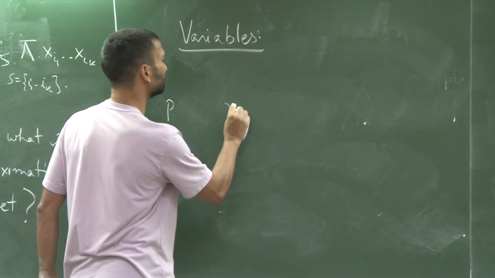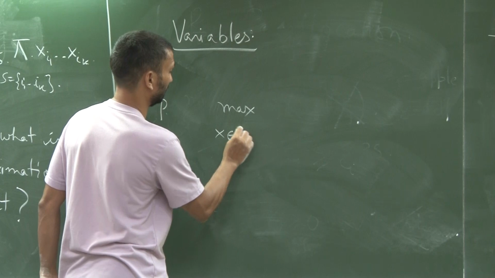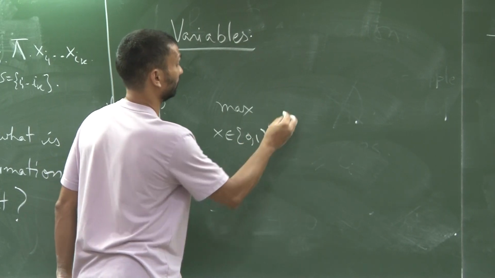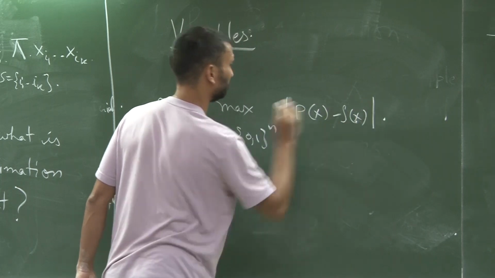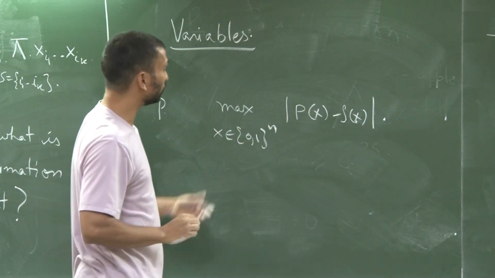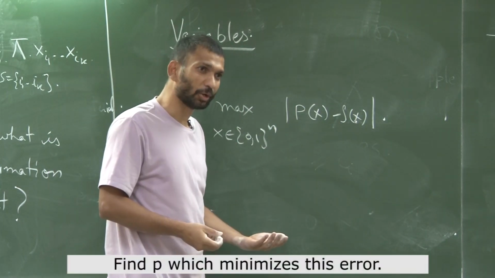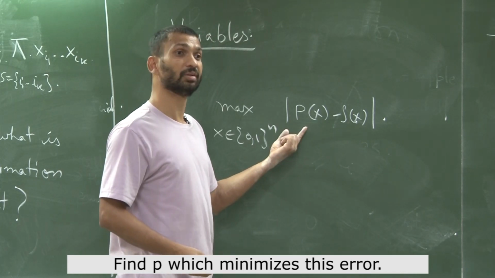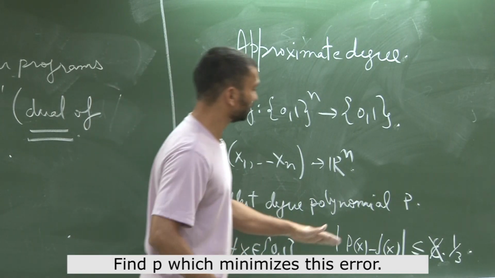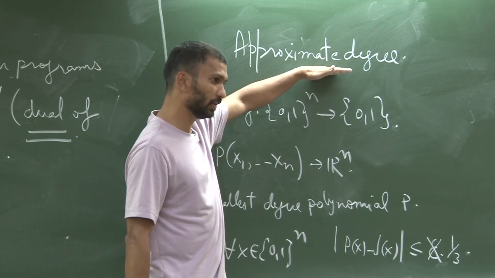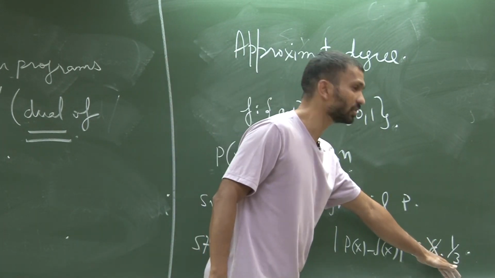The error is this, and I want to find out the best degree d polynomial which, okay, so this goes in kind of two steps. Generally, when you define the approximate degree, you first fix a constant.